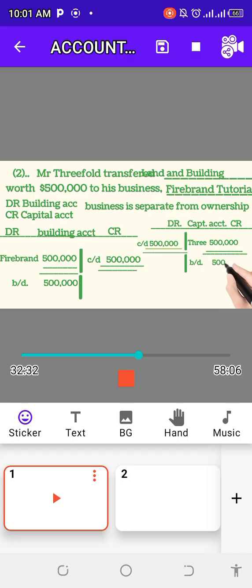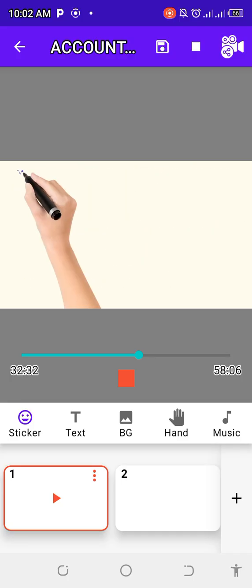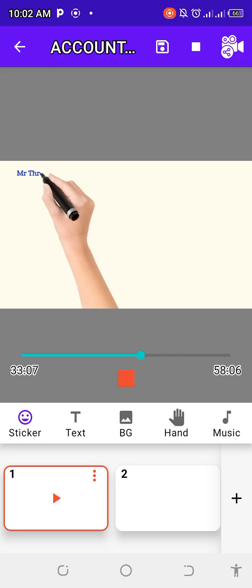Balance brought down now is equal to what? 500,000. For any transaction to take place, there must be a giver and a receiver.